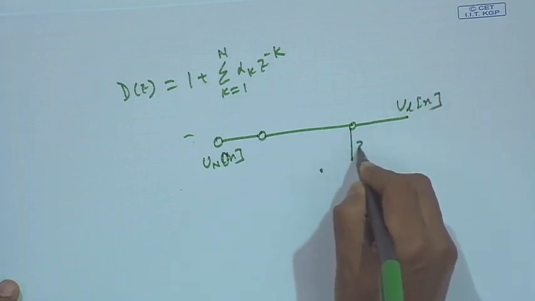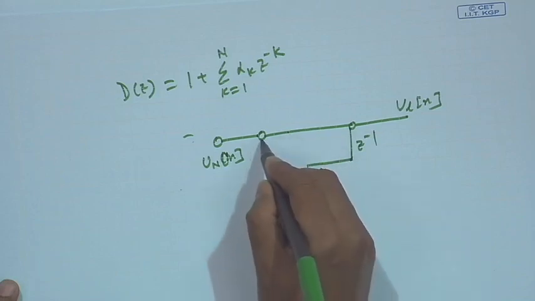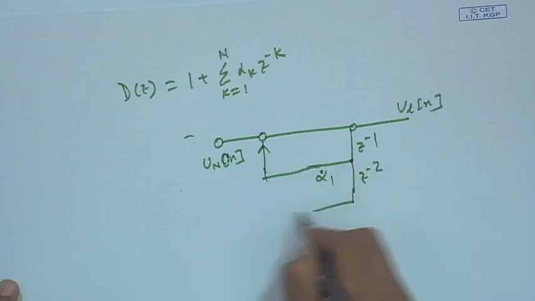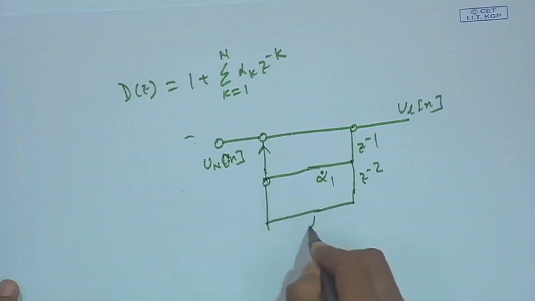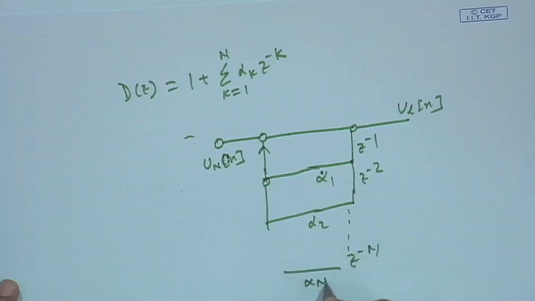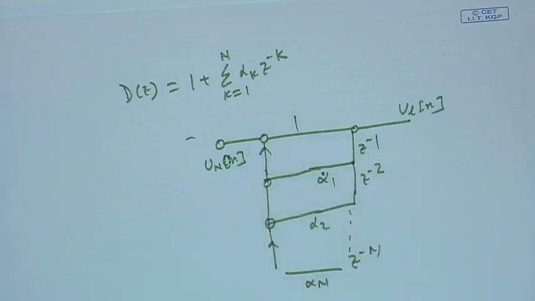So, this will be a simple delay by z to the power minus 1 with alpha 1, and it has to be added here, then z to the power minus 2 alpha 2 added in here, and so on, up to z to the power minus n alpha n added here, and this is 1. Okay. So, I can implement it as a digital filter, the equation looks like nothing but a digital filter. So, I can easily implement the vocal tract in the digital domain using that.